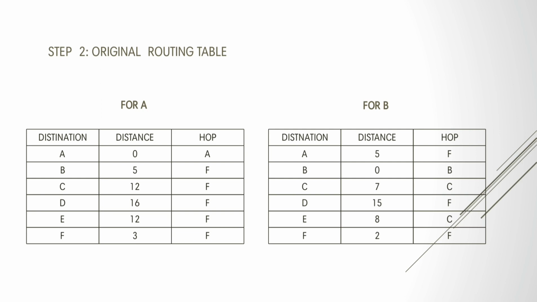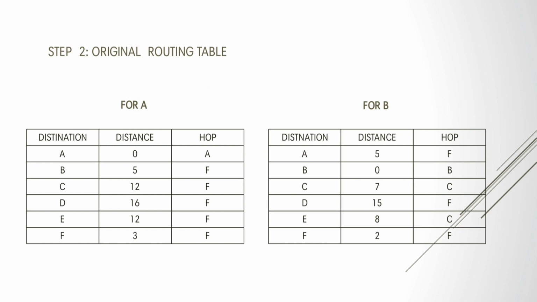Next, the same is for B. From B, the destination is A. The distance covered is 5 through the neighborhood node F. Next, for B to B, the neighborhood will be B, so the distance covered will be 0.